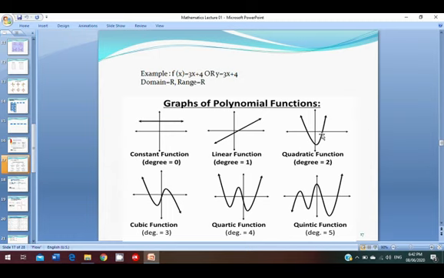That's why at the same point we have two different values, positive and negative, in our quadratic function. This is the cubic function, this is a quartic function, then a quintic function.